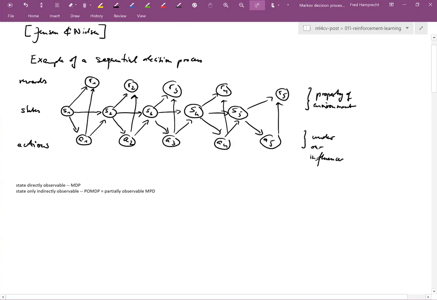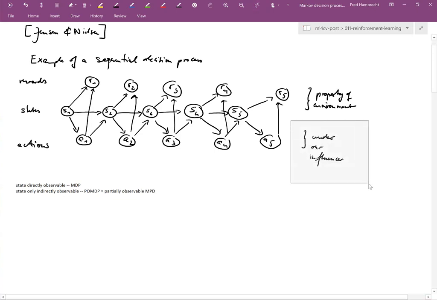So, here on the right-hand side, I've written what is under our influence and what is property of the environment. The property of the environment, how the world reacts to a certain action, is something that we may need to estimate if we don't know it beforehand, but we cannot change it directly. These are just the laws of physics or biology or whatever.